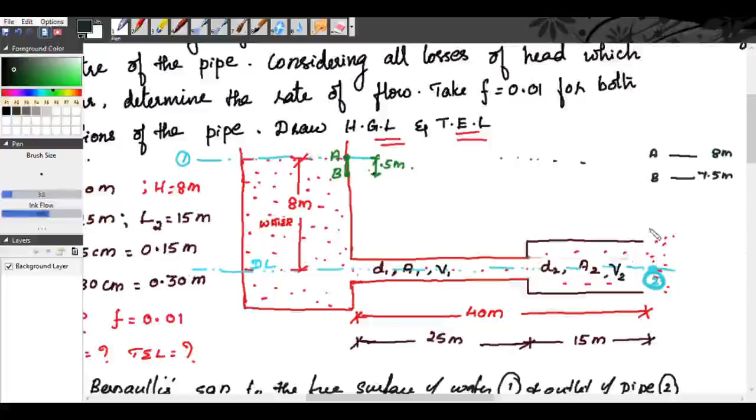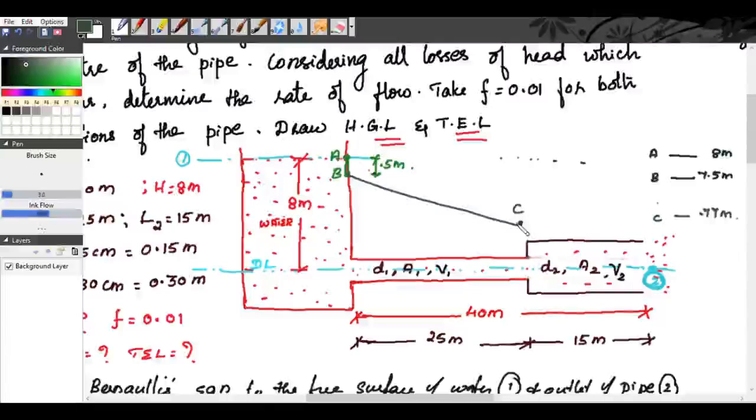From the datum line, you get 0.77 meter. We can take that point as C. So point C is at a distance of 0.77 meter. So from B you join a line to C.